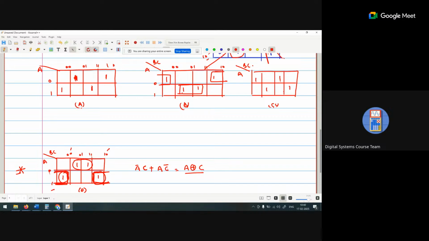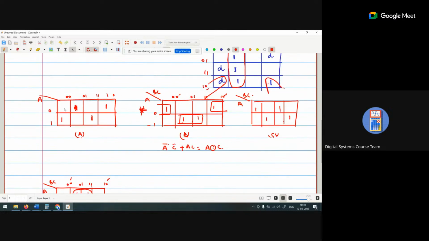If I create a group of these two, it becomes a constant 0 and the C value is also constant 0, plus for this group the A value is 1 and the C value is 1. So that is A XNOR C. So also a wrong option.